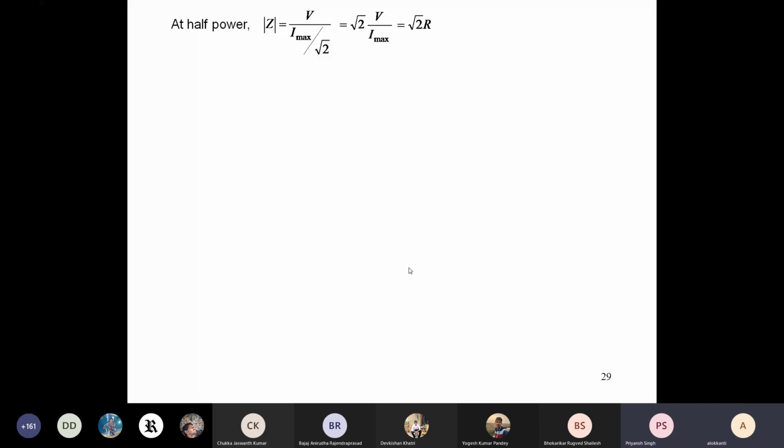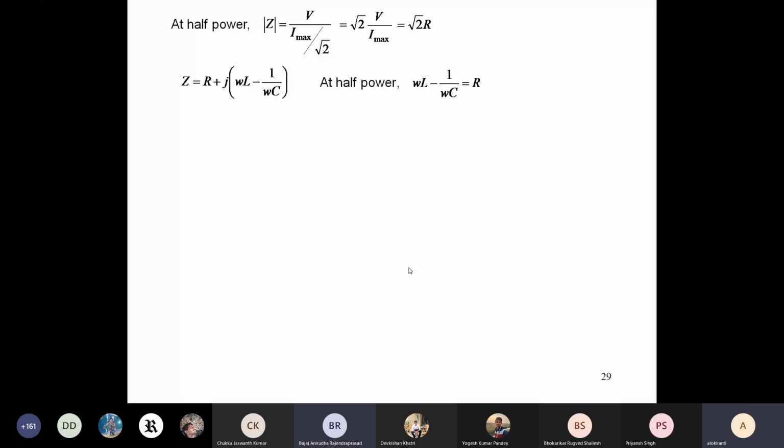When omega L minus 1 by omega C is R. So at half power, omega L minus 1 by omega C is equal to R. Earlier we saw that for resonance, omega L minus 1 by omega C equals 0. But half power will occur when that reactance part is exactly equal to the resistance.